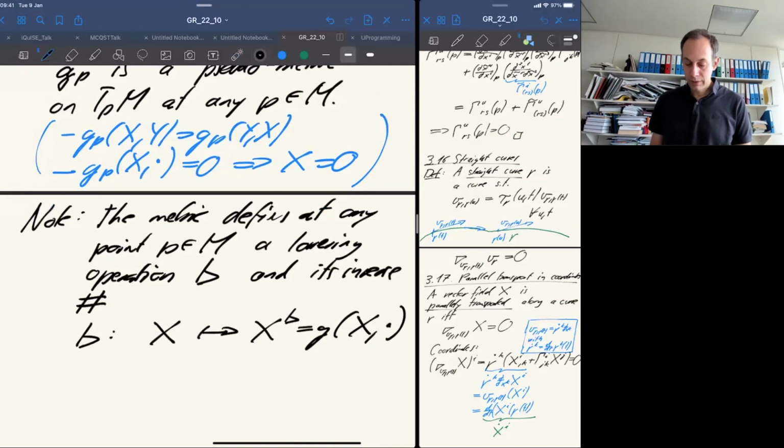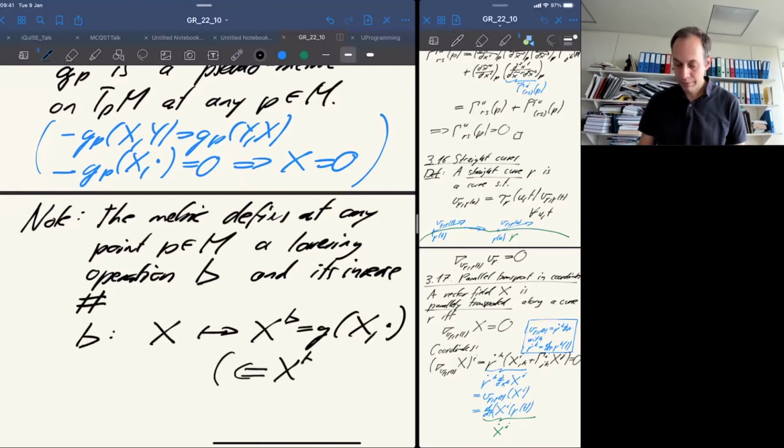I mean, what this means is just that x♭, if I now insert indeed a y, gives g of x, y. Just to be clear what this dot means.